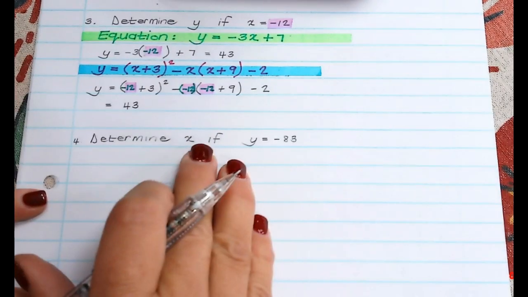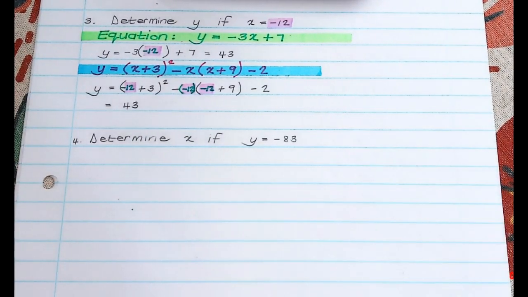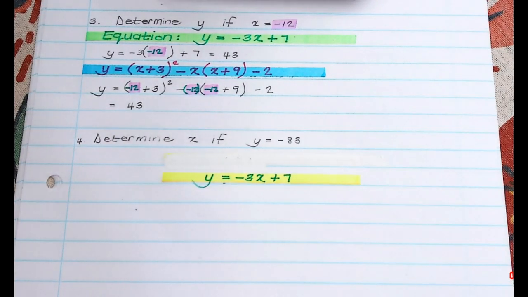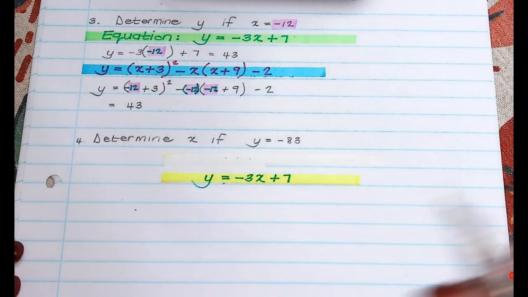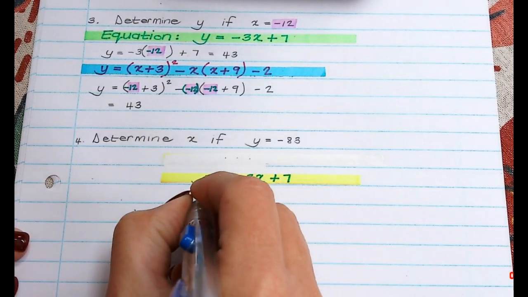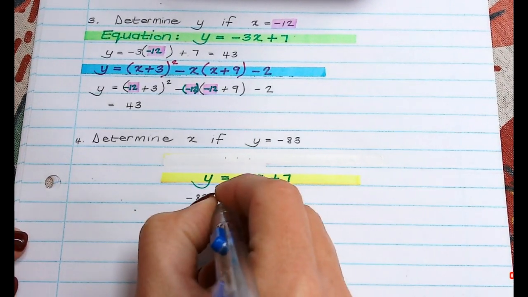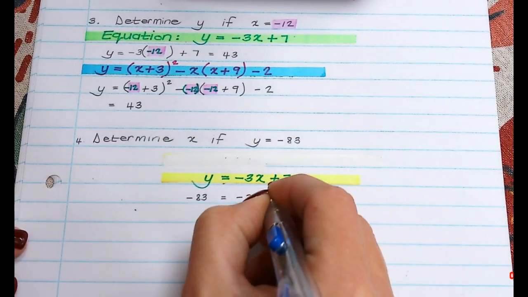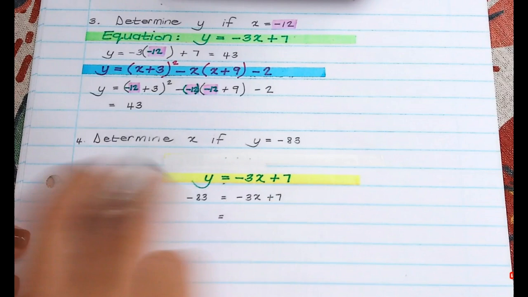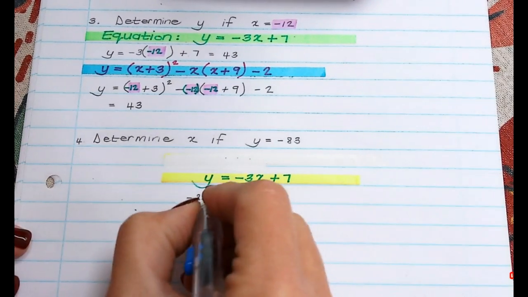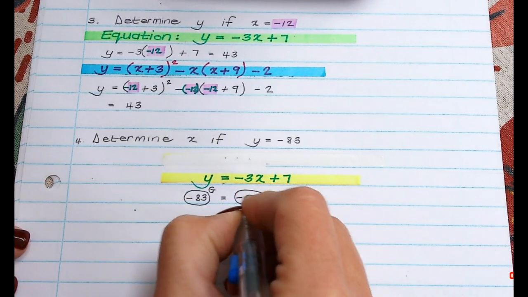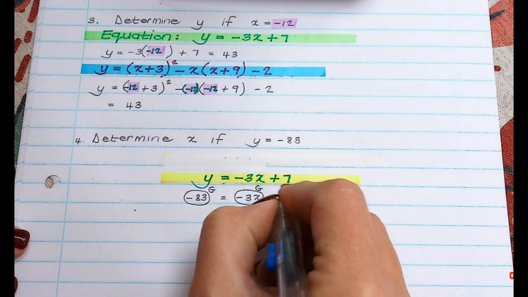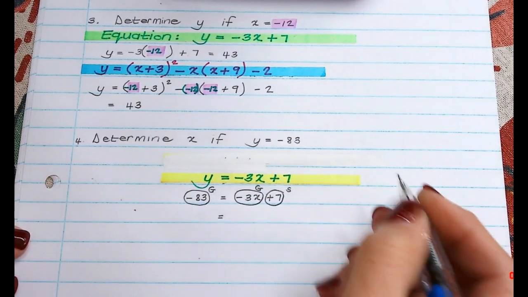Right. Number 4, determine x if y is equal to minus 83. The equation that I'm going to use is y equals minus 3x plus 7. Instead of the y, I have minus 83, which is equal to minus 3x plus 7. So this is solving x. The minus 83 needs to go, the minus 3x needs to go, and the plus 7 is going to stay.